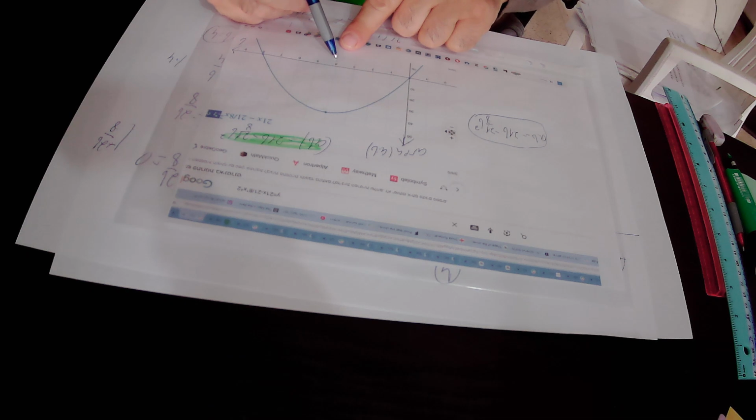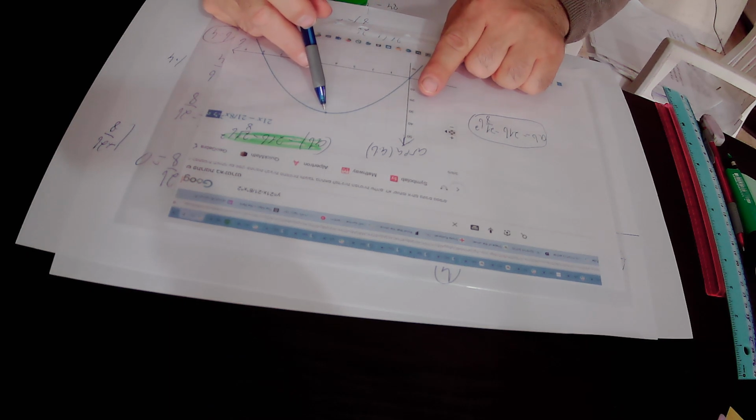Here b is 4, and the area at this point is 42. So in this way we verified that when b equals 4, the area is at its maximum value.